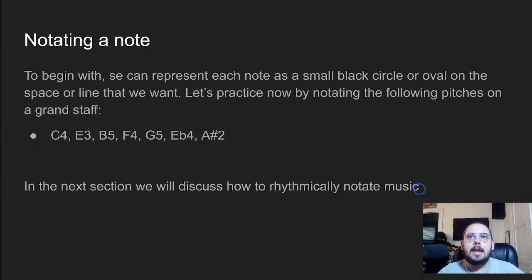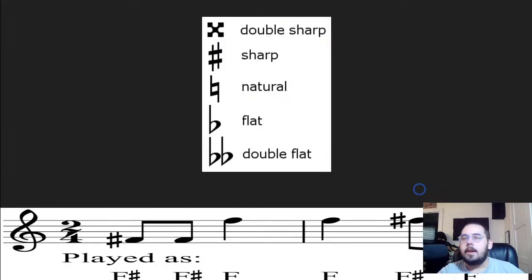But again, those are the key elements of pitch notation. That being that we put it on a staff, which is the 5 lines and the 4 spaces between them. Vertically up is a higher pitch. Vertically lower is a lower pitch. The clef tells us what frequencies, what note each line and space is.